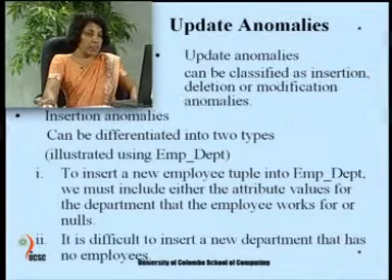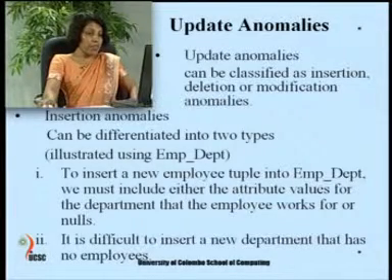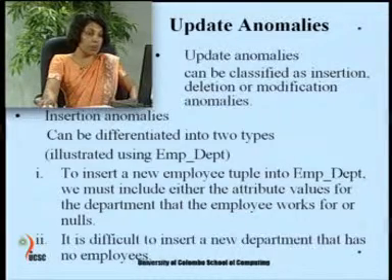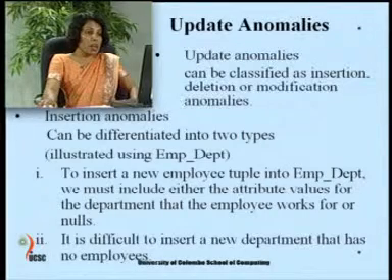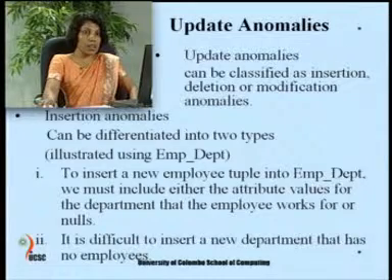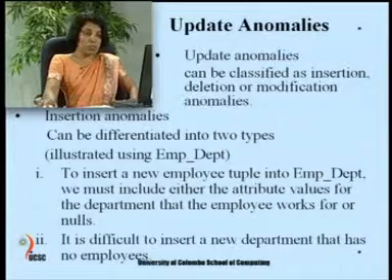By looking at the attributes in the relation, you may identify that if you want to recruit a new employee, or if you want to insert a record of a new employee into the relation called employee department, then we need to fill in the department details as well, the department details relevant to that particular employee.